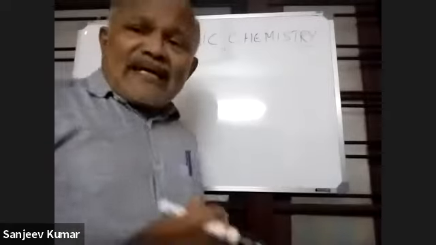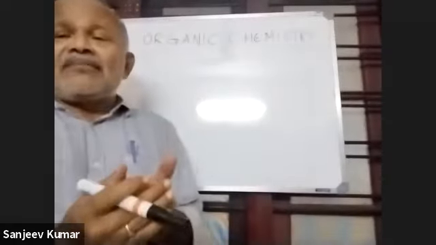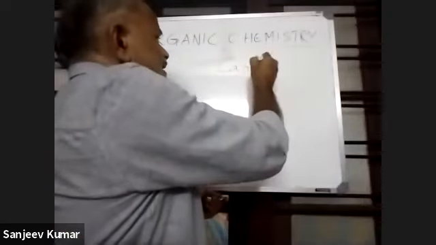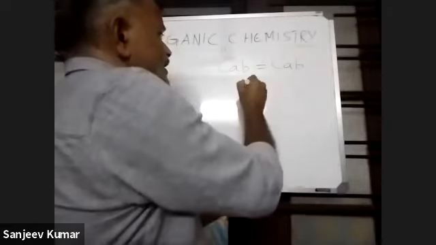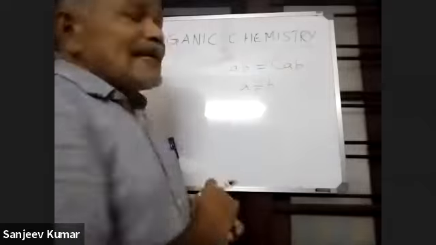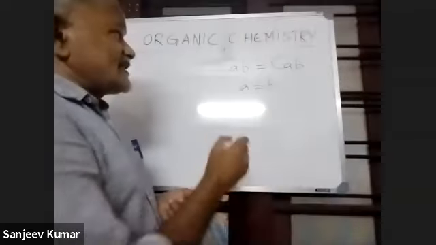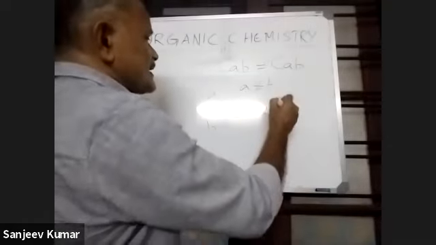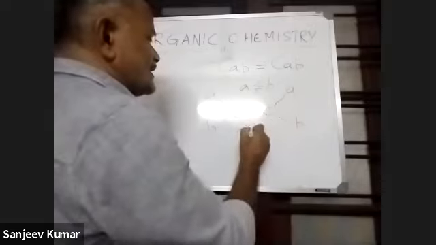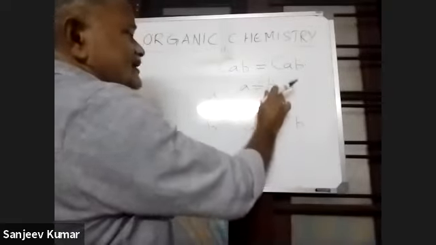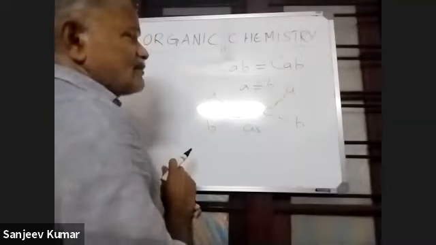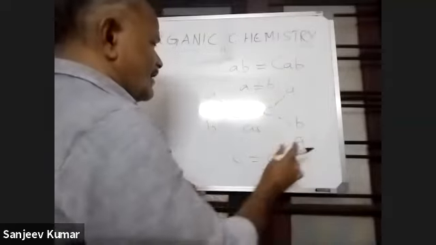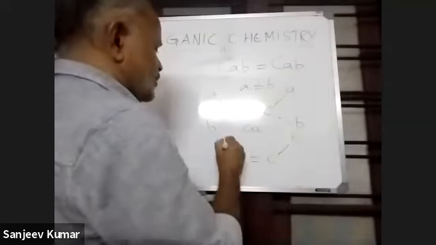Geometrical isomerism arises only when there is a carbon-carbon double bond, and a compound with formula CAB=CAB, where A is not equal to B, can exhibit geometrical or cis-trans isomerism. This is a cis isomer because the like atoms or groups are on the same side of the carbon-carbon double bond. And if they are on opposite sides, it is called the trans isomer.